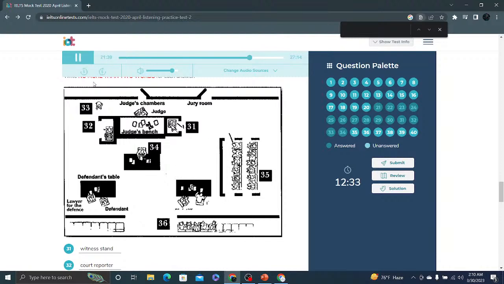Okay. Only the bailiff is authorized to cross the well during a court session to transfer documents between the lawyers and the judge. Any unauthorized crossing of the well is regarded as being extremely disrespectful to the court and is usually expressly forbidden. Off to one side of the clerk's desk is located a table where the defendant and his lawyer are seated.